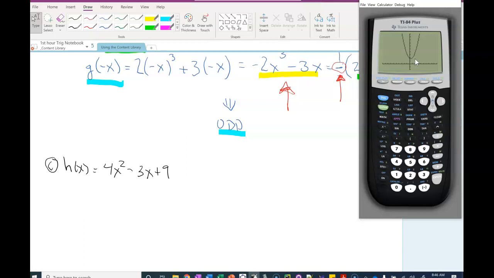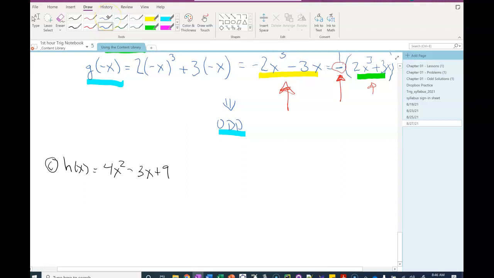You guys agree? To prove something is neither, we're going to show that it's not even and that it's also not odd. So we'll start the same way with h of negative x. I'll plug in my negative x's. Negative x squared is negative x times negative x, which is just x squared.